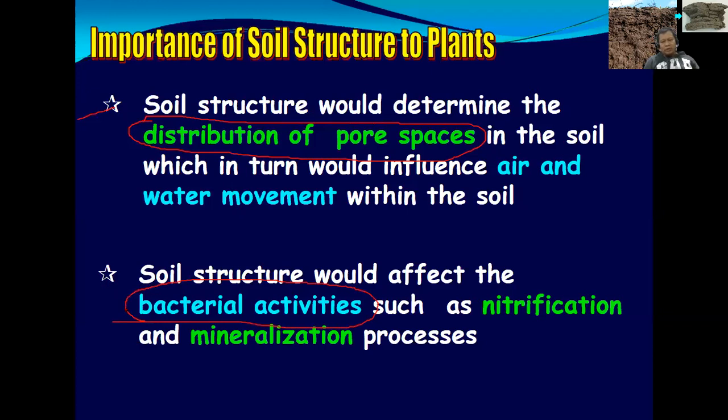Some of them require oxygen, although there are some bacteria that do not require oxygen, and other bacteria require air. Soil structure affects aeration, and eventually it affects bacterial activities such as decomposition, fermentation, and oxidation. That's how the structure affects bacteria. Soil structure would also affect bacterial activities such as nitrification, an example of bacterial activities.